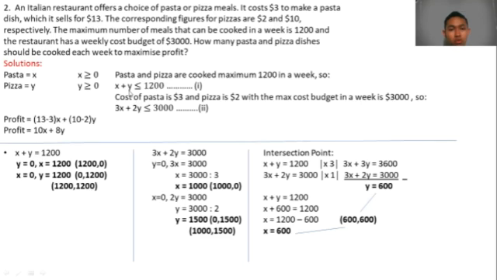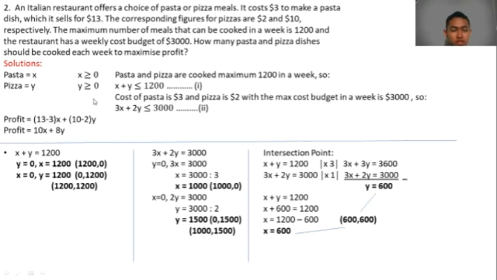And then we know that the cost of pasta is $3 and pizza is $2, with the maximum cost budget in a week being $3,000. So we can get the second equation: 3x plus 2y less than or equal to 3,000.